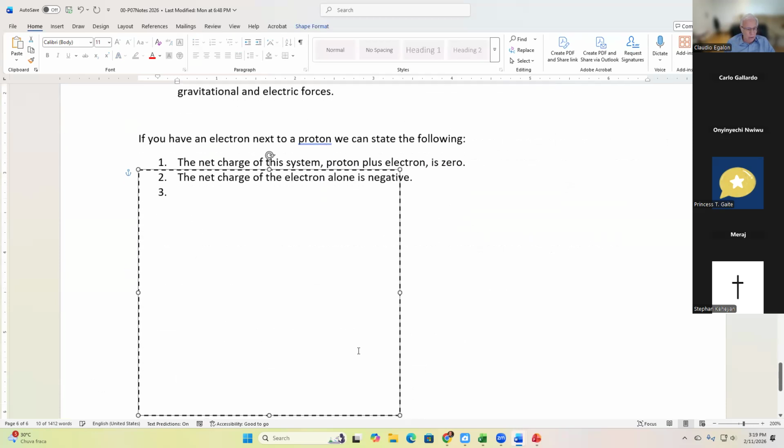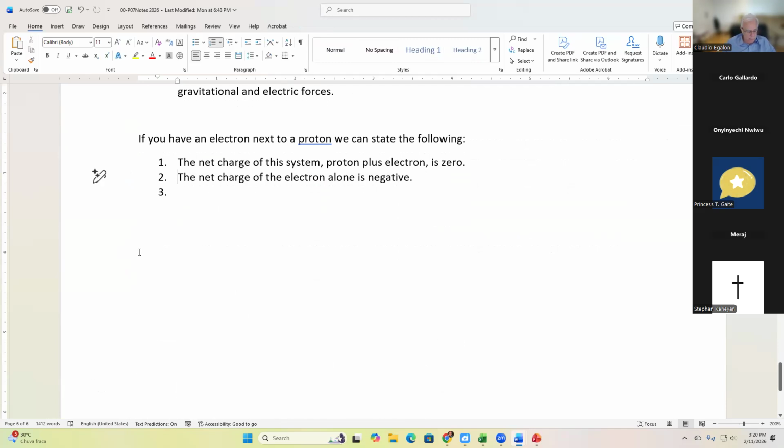The net charge of the proton alone is positive.